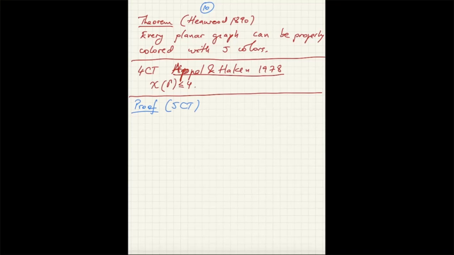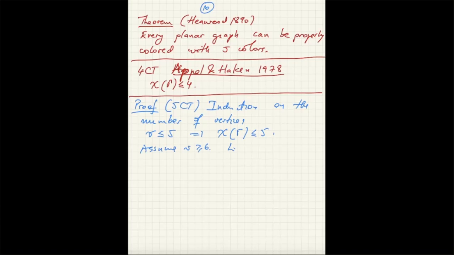The proof is by induction on the number of vertices. If the number of vertices V is at most 5, then clearly the chromatic number of gamma is at most 5. So that's easy. Now for the induction step, assume that V is greater or equal to 6, and let x be a vertex in V of gamma such that the degree of x is at most 5.